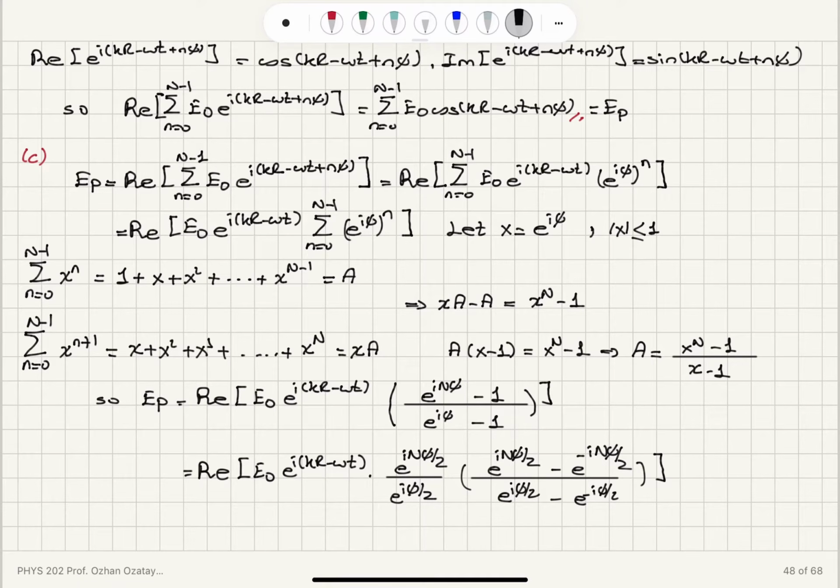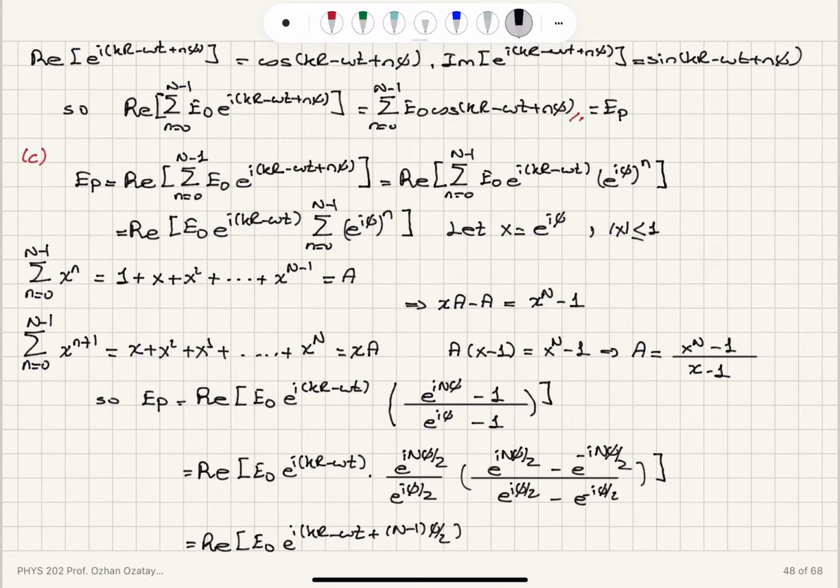And this will give me the real part of E0 e to the i(kr minus omega t plus (N minus 1) phi over 2), because this is (N minus 1) phi over 2.